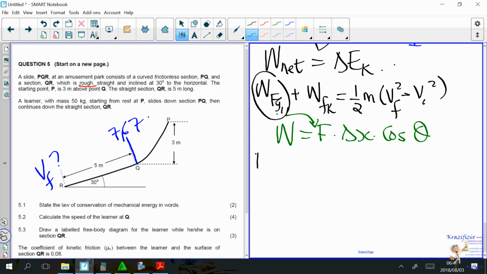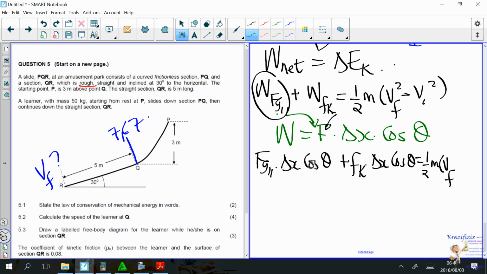Now I would say Fg parallel delta x cos theta plus, I'm going to friction now. This F becomes frictional force. Frictional force delta x cos theta equals to half m Vf squared minus Vi squared.